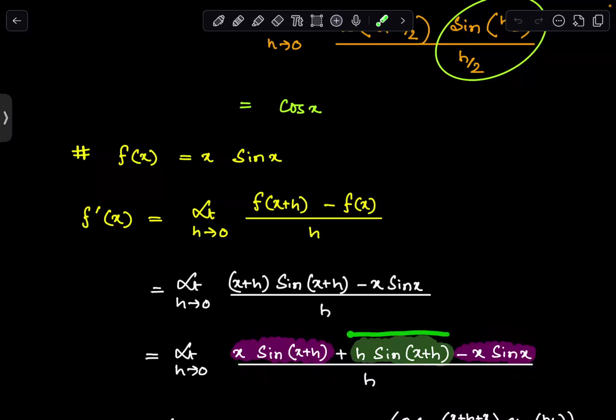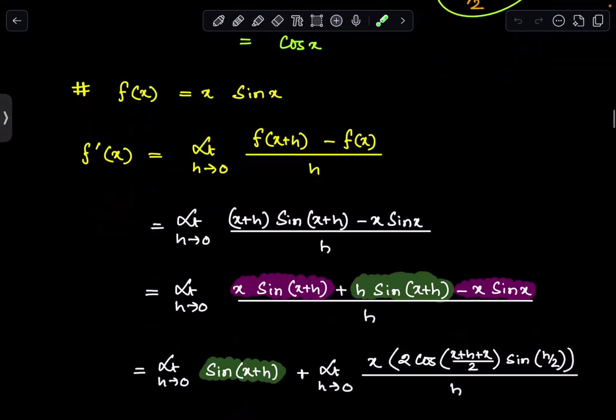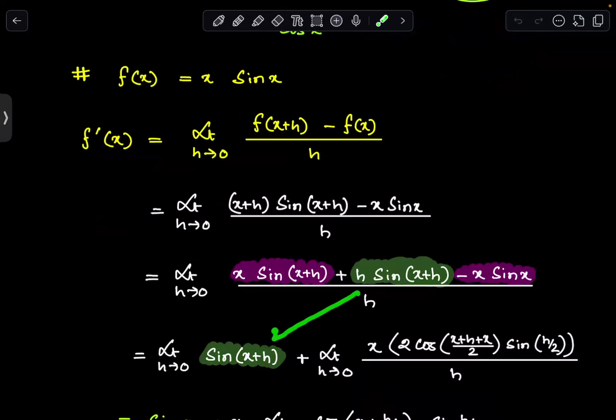And if I split this ratio, the h can be cancelled out as h is approaching 0 but is not exactly 0. In that case, this portion is not creating any problem as far as limiting value substitution is concerned after the cancellation. So we have segregated this section after cancellation of h.